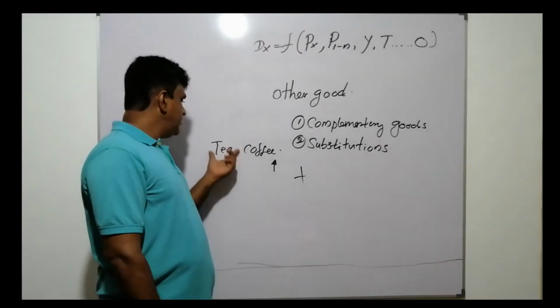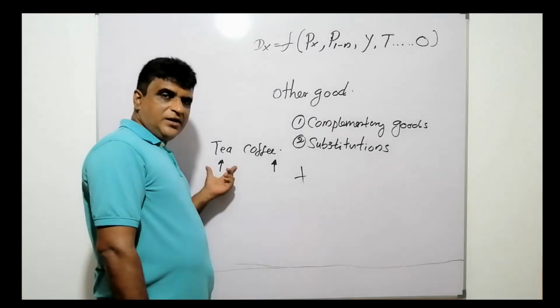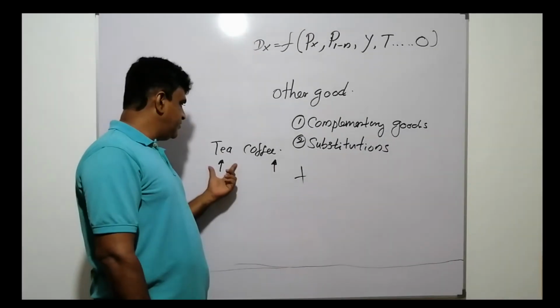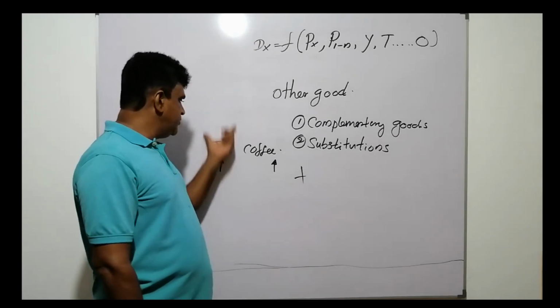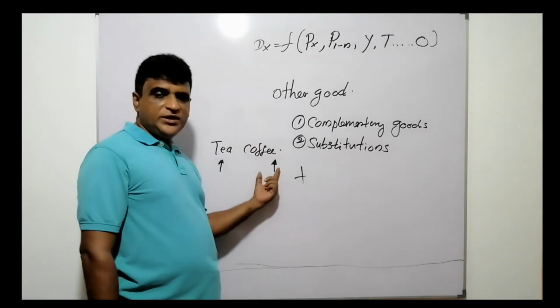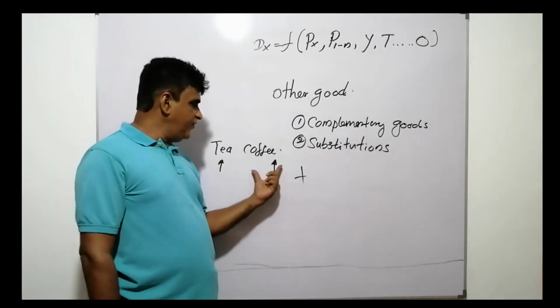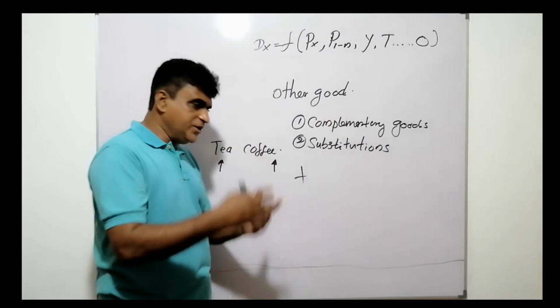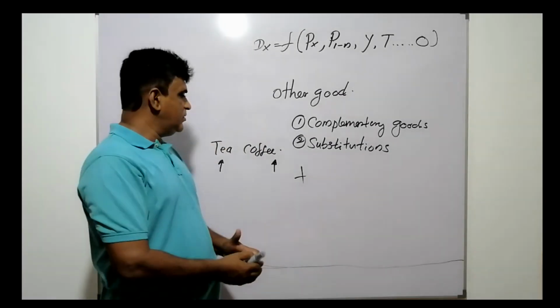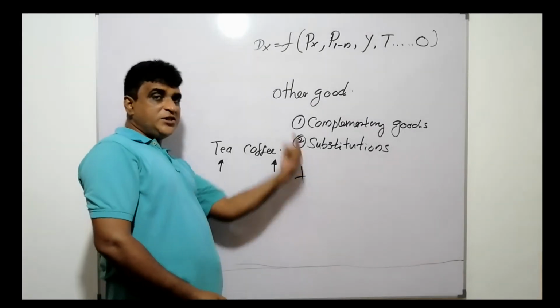Right? When what happened? If coffee is the desired good and tea is the substitute good, then the price of the substitute going up and down affects the desired good. Coffee demand will change. For example, if the tea price goes down, then coffee customers shift to tea.